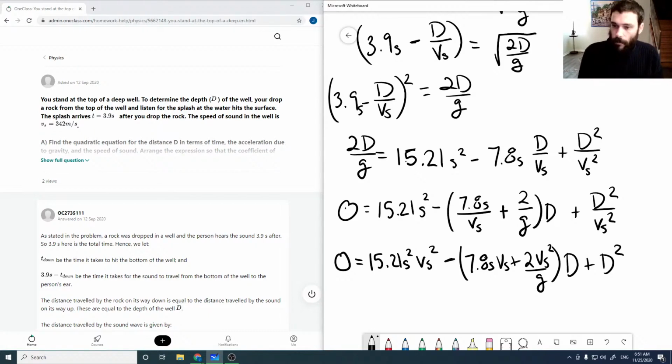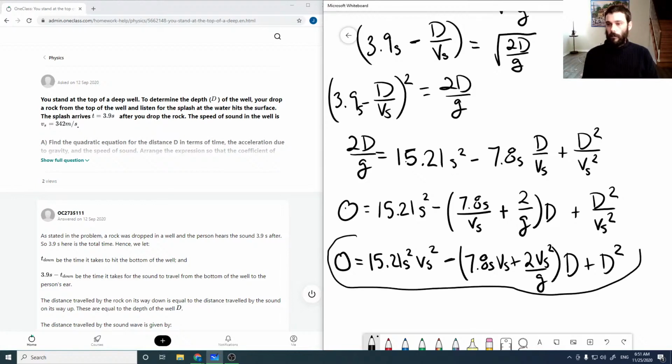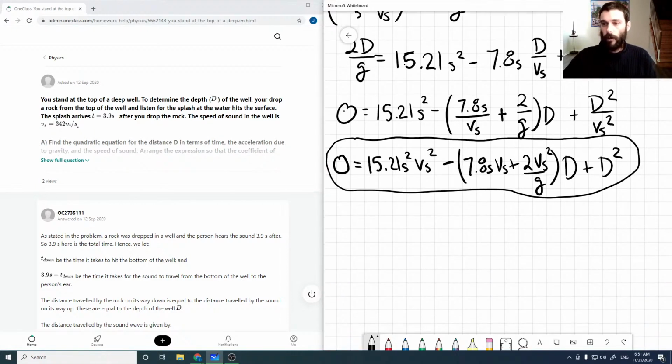That's our quadratic equation, so that's the answer to part A. And then for part B, it just asks to solve the quadratic for d.